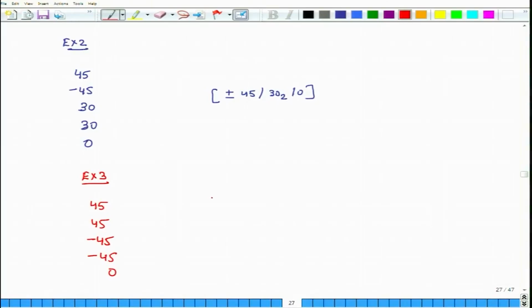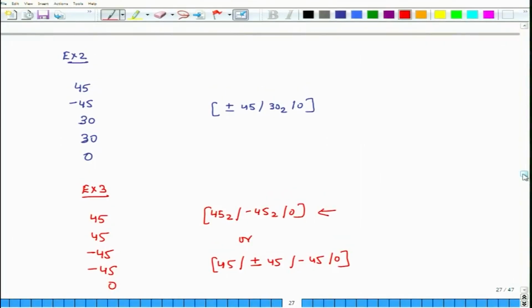This would be 45 subscript 2, minus 45 subscript 2, and 0. Or you can also write it as 45, plus minus 45, minus 45, 0, but the first is more common.